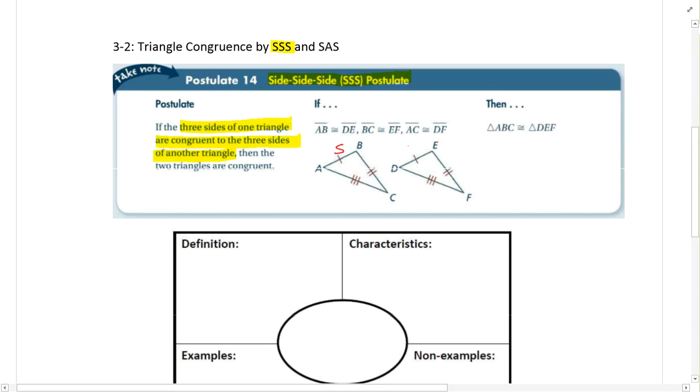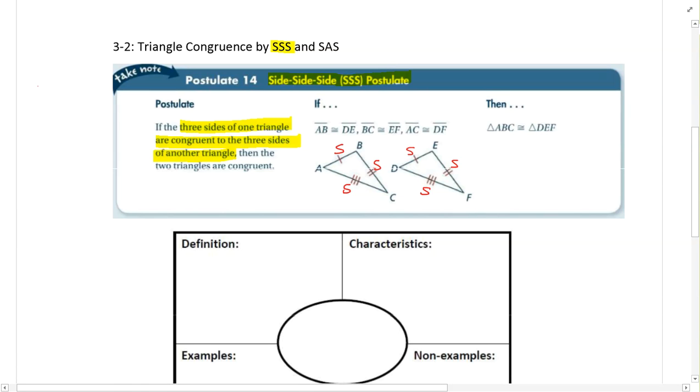We've got a pair of sides, that's one S, another pair of sides, that's the second S, and a third pair of sides. So what this shortcut is saying is that if that's all you have, the sides are congruent, you don't need to know anything about the angles. That is enough to show that the triangles are congruent. So it cuts our list of ingredients in half. We only need to see that all 3 sides are congruent.